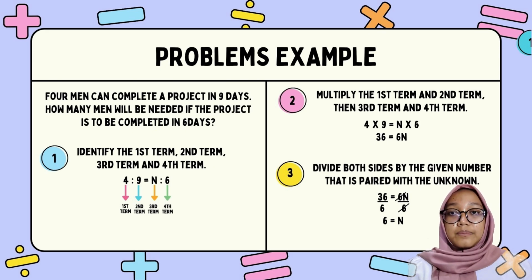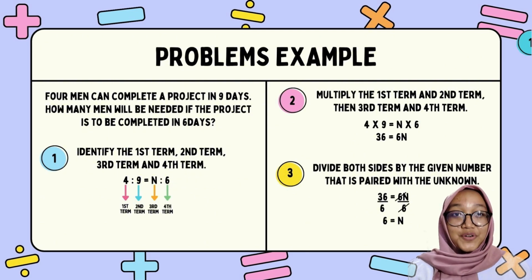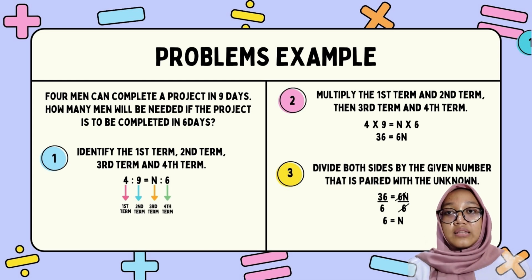The third step is divide both sides by the given number that is paired with the unknown, like direct proportion. In this question we have the given number is 6, so we will divide both sides by 6. Then 36 over 6 equals 6n over 6.